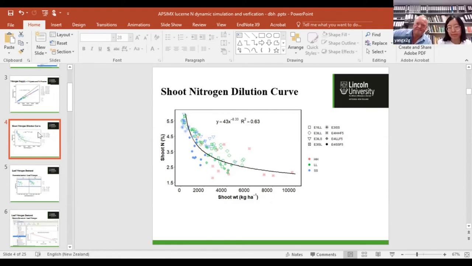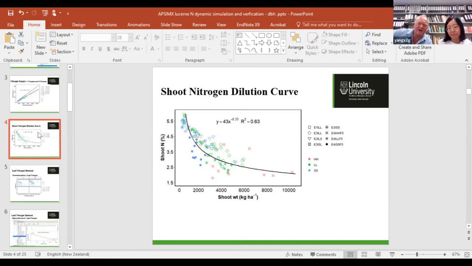So all the points below these critical curves should indicate that the plant has not reached its optimum, its critical nitrogen nutrition. And probably it is mainly the data of the blue points and some other data. I don't remember what these treatments are. That's the 84-day cutting. Yes.